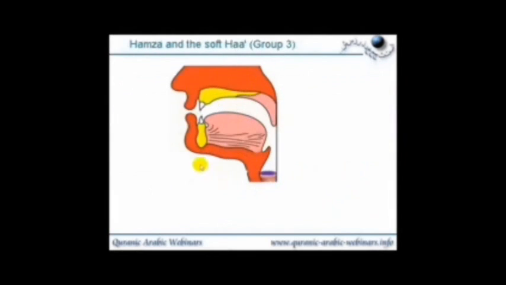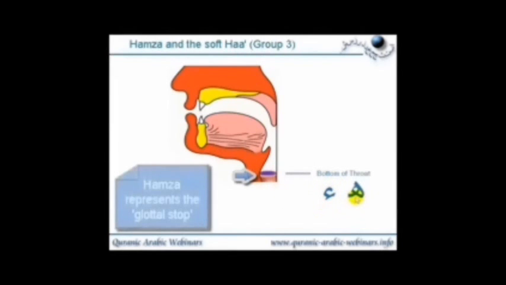The next group of letters are all the throat letters. So we'll start with two letters which originate right at the bottom of the throat. So the letters are Hamza and the soft Ha. Now Hamza in Arabic represents what we call the glottal stop.